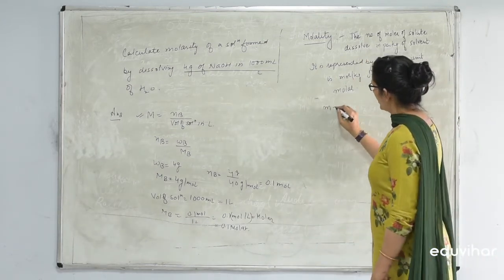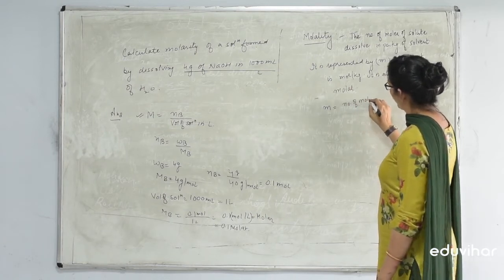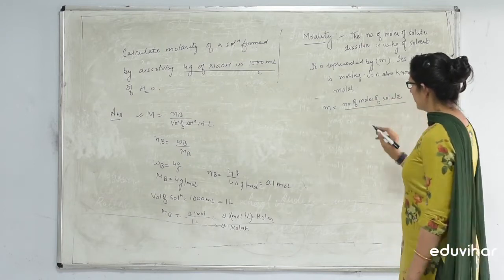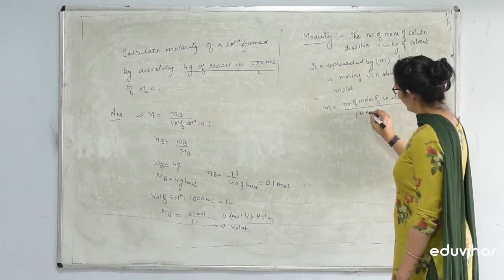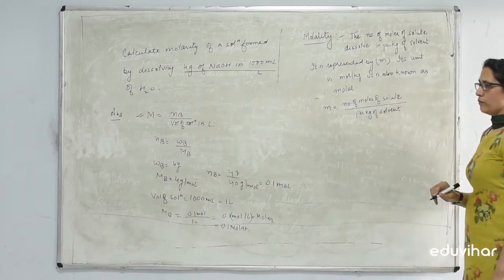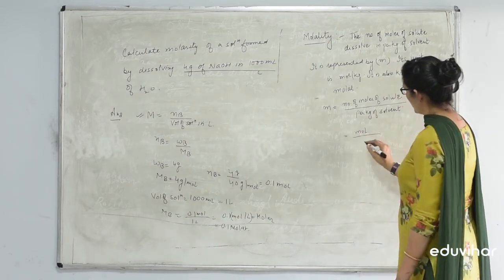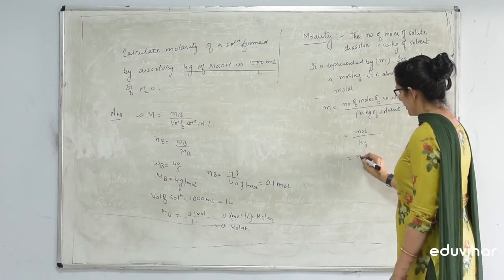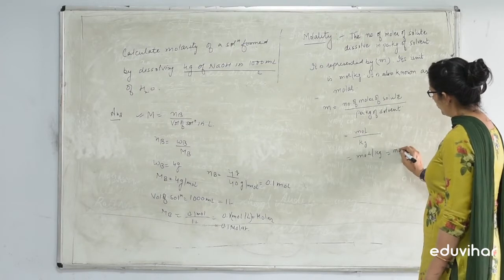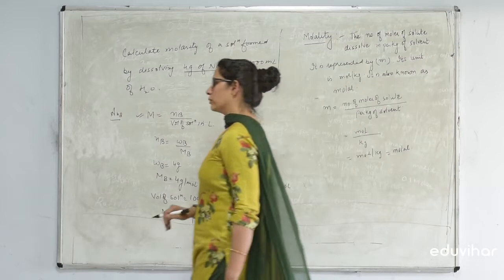So small m is equal to number of moles of solute present in per kg of solvent. Number of moles has unit mole and per kg has unit kilogram, so it becomes mole per kg, and this is also known as molal. So we have to calculate.